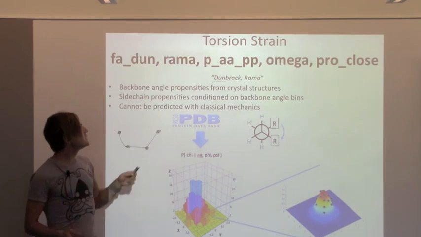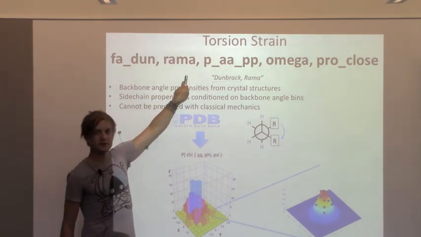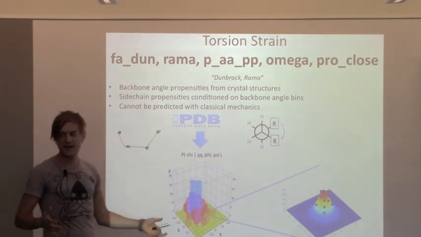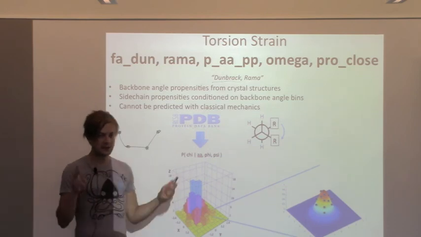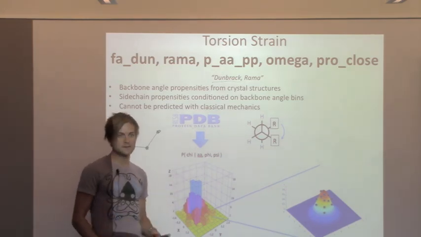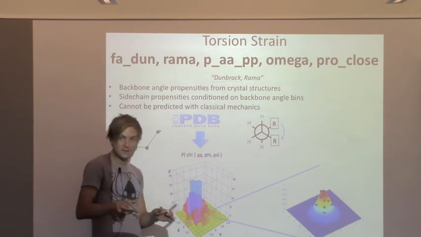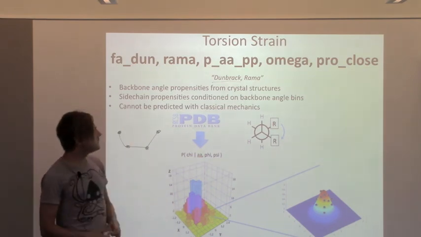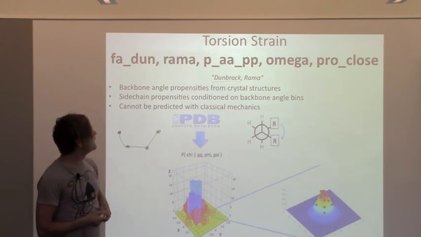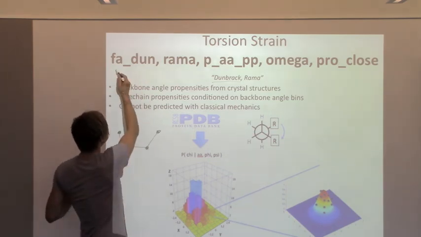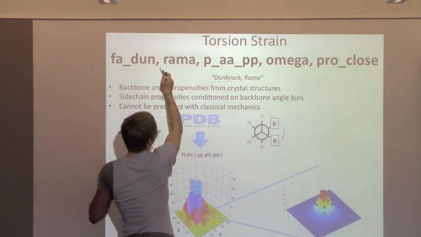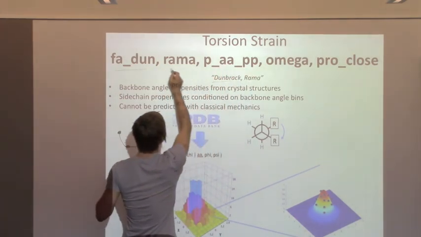All the exact same thing is true for the Ramachandran plot. Phi psi angles, so different amino acid types like to be in certain phi psi bins. Glycine can do whatever it wants. Proline can only do a few things because it's limited. And so this is side chain. Both of these are backbone.